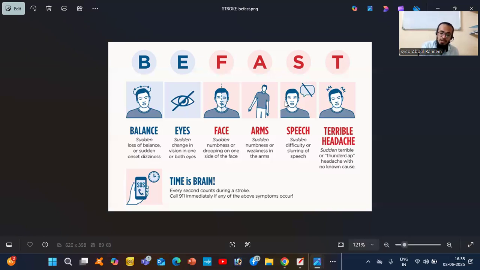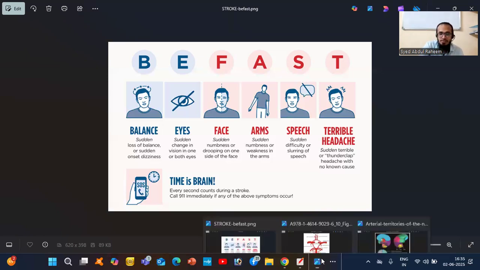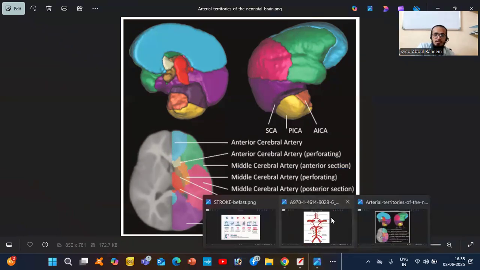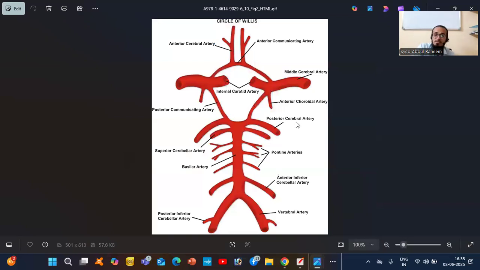And we discussed arterial territories, the areas which each artery supplies. So we have different arteries. You can also see this in the image. So this image is very, very important.